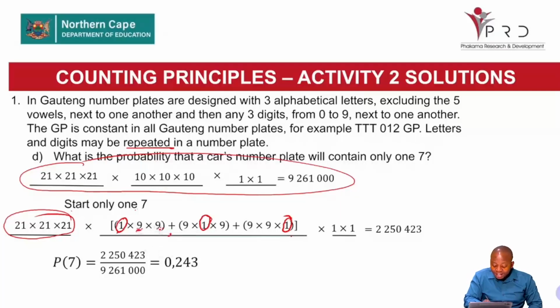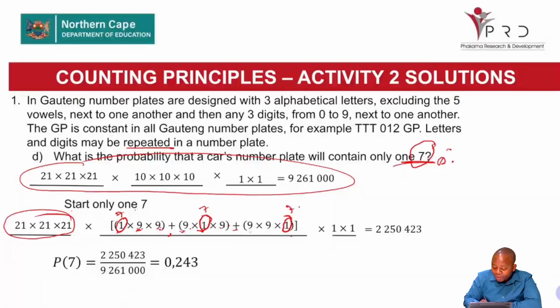Plus another situation whereby 7 is in the second position. Remember, this is my 7, this is my 7, so we're talking about 7 in different positions, where we're saying the plate will contain only 7. So we are restricting 7. When we say restriction to one number, that means in that position it will be 1. So when 7 is in the middle, we have the other numbers covering it.